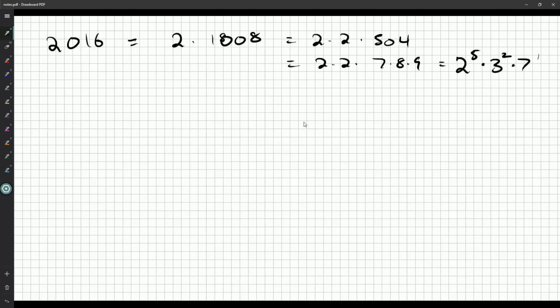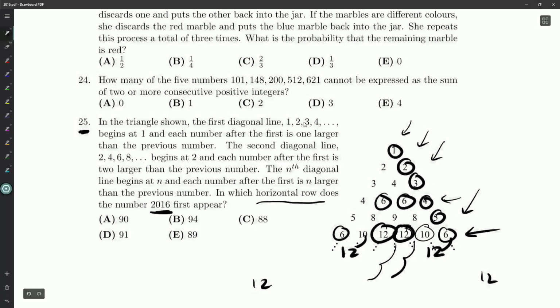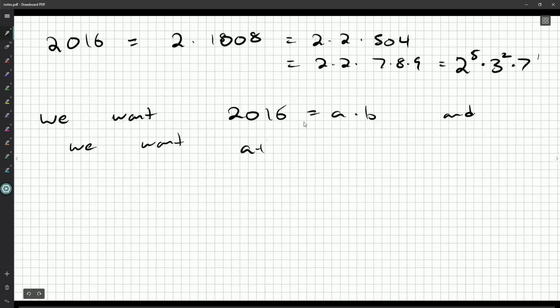But, well, we want 2016 to equal A times B, and we want A plus B minus 1 to be as small as possible. We just want the first entry, so the earliest entry, the lowest horizontal row. So we want A plus B minus 1 to be small.